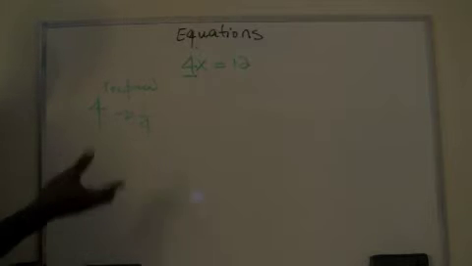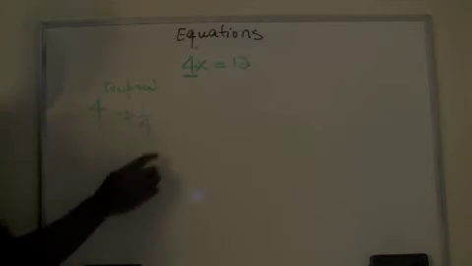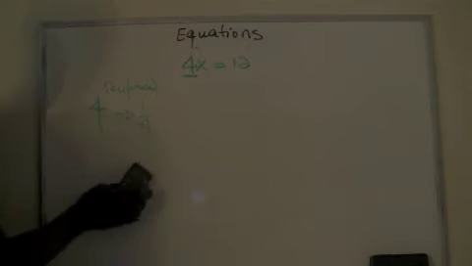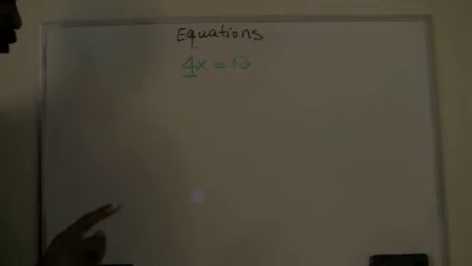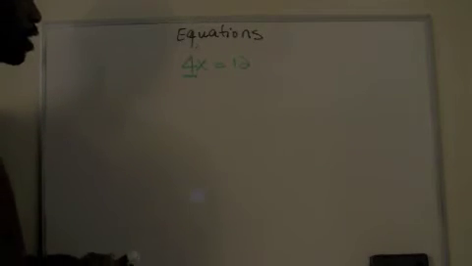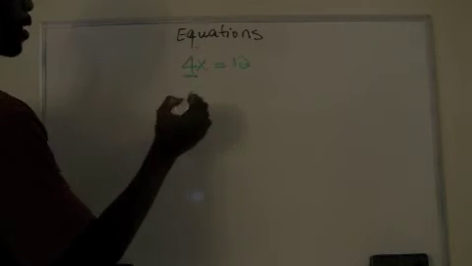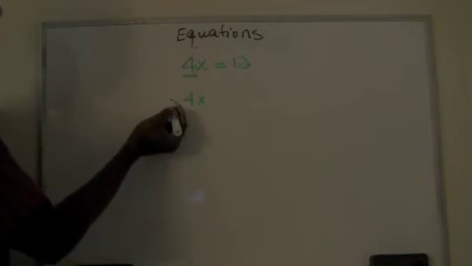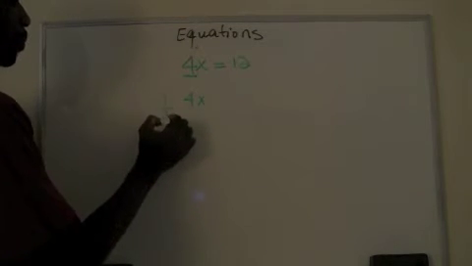Now, taking this knowledge, we're going to apply it right here. And notice, whatever we do on one side, we must do on the other side, as previously mentioned. We're going to take the expression as it is, 4x, and we're going to multiply it by its reciprocal, which is 1/4.